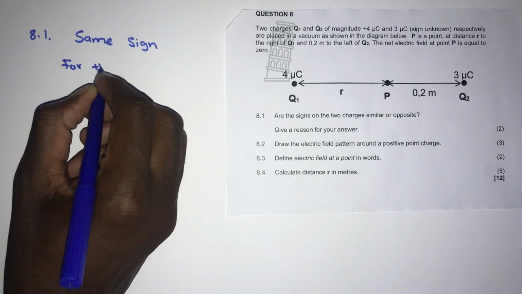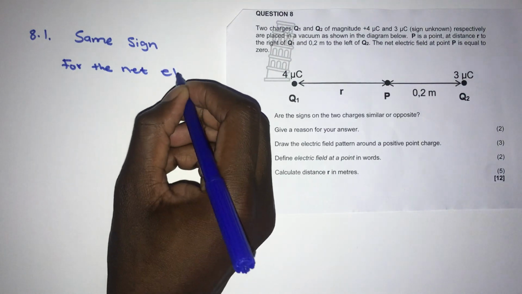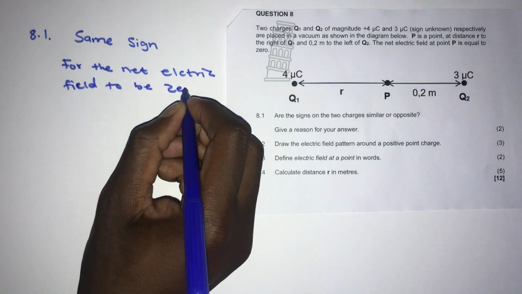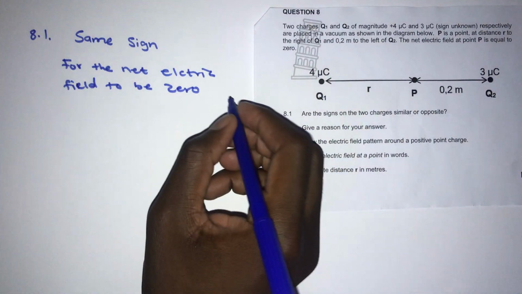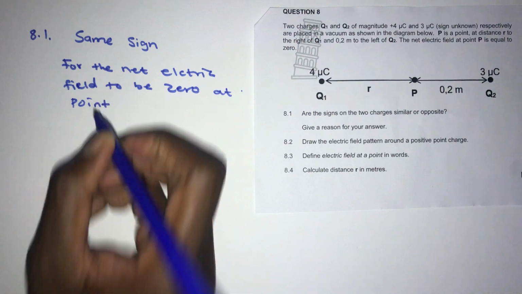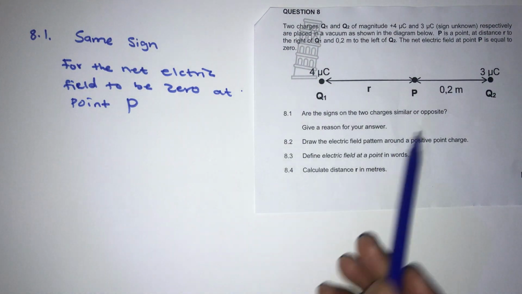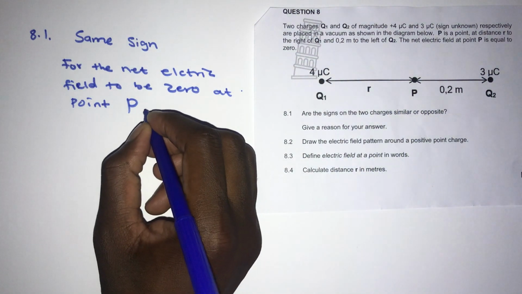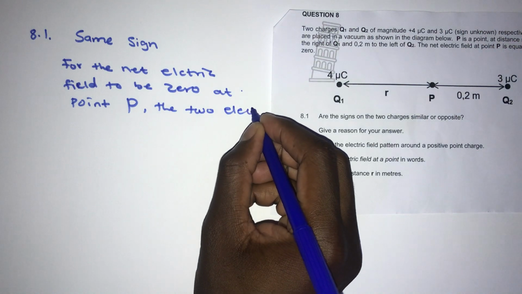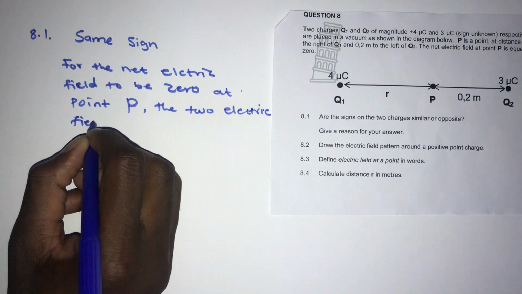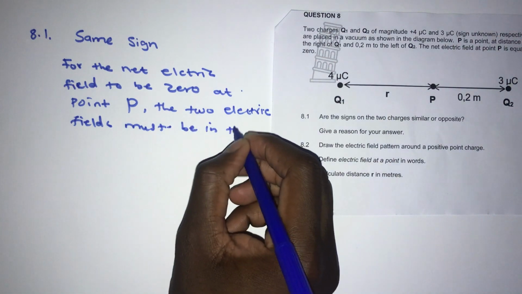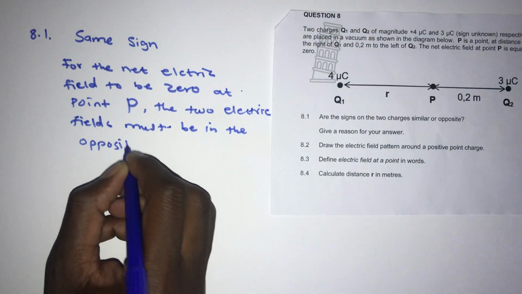For the net electric field to be 0 at point P, the two electric fields must be in the opposite direction.